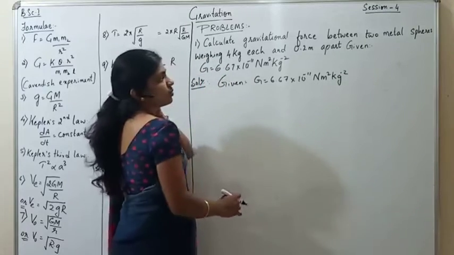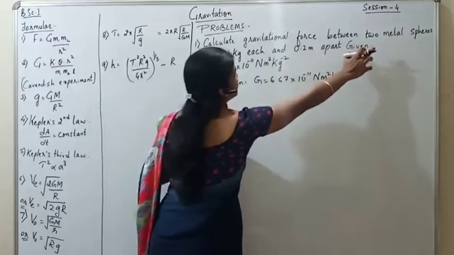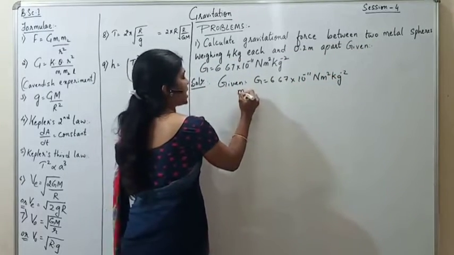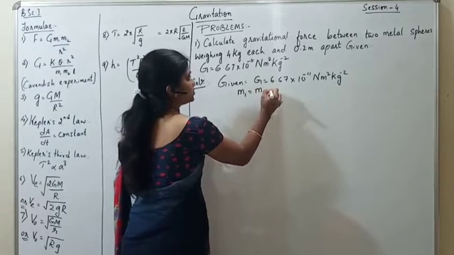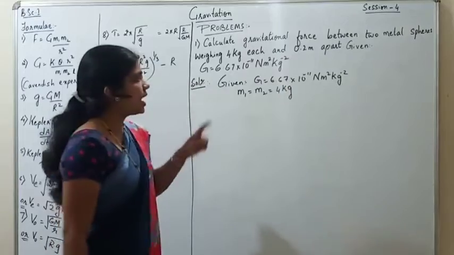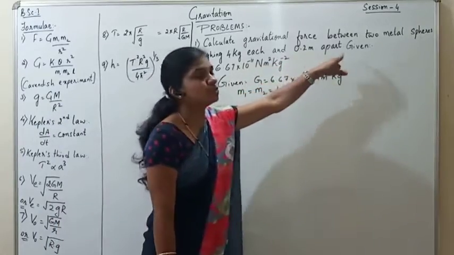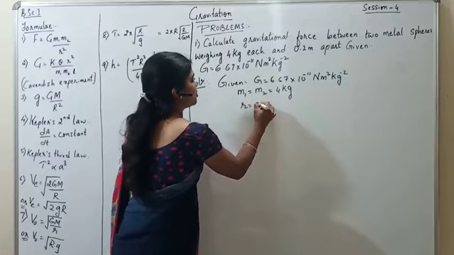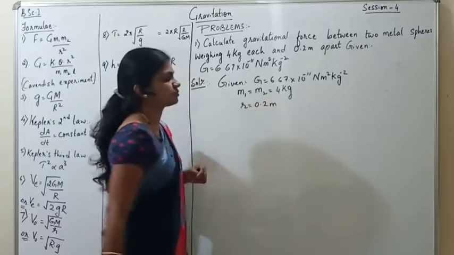Now next, what is given to us? Two metal spheres weighing 4 kg each. So that means M1 is equal to M2 is equal to 4 kg. Right? And they are kept 0.2 meter apart. So therefore, the distance between them is 0.2 meter.